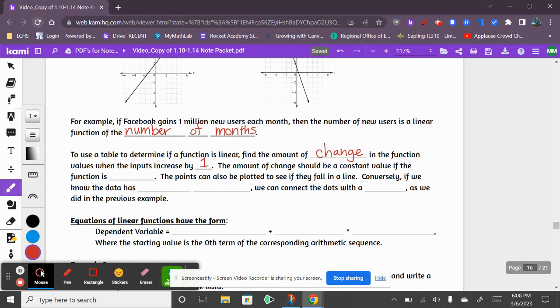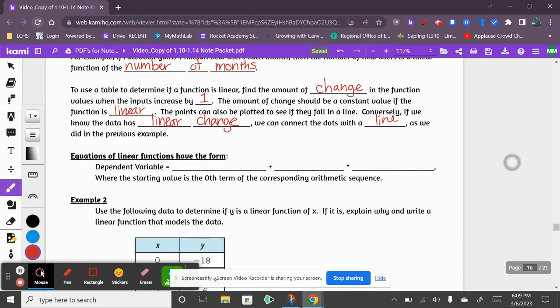The amount of change should be a constant value if the function is linear. The points can also be plotted to see if they fall in a line. Conversely, if we know the data has a linear change, we can connect the dots with a line as we did in the previous example.